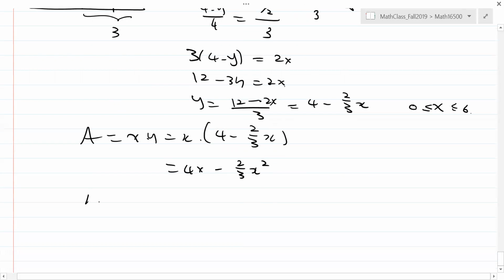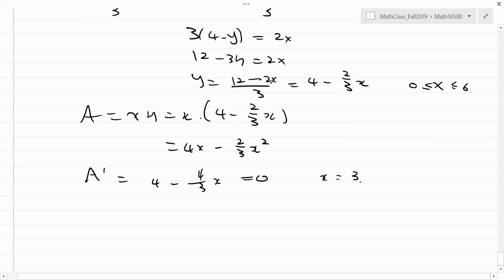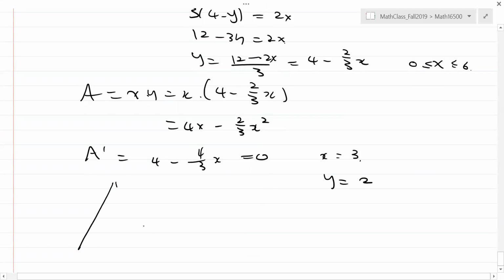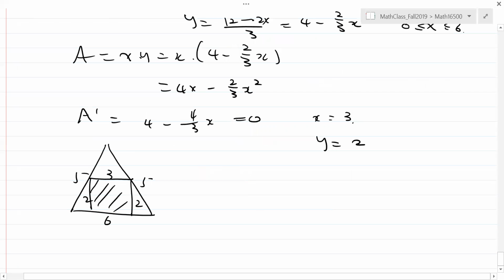You differentiate, you get 4 minus 4/3 x, and set it to 0. x is going to be 3. So when x equals 3, you get y equals 2. So this triangle has the largest area when x equals 3, half of the base, and here y must be 2. This rectangle has the maximum area among all the rectangles in the triangle.